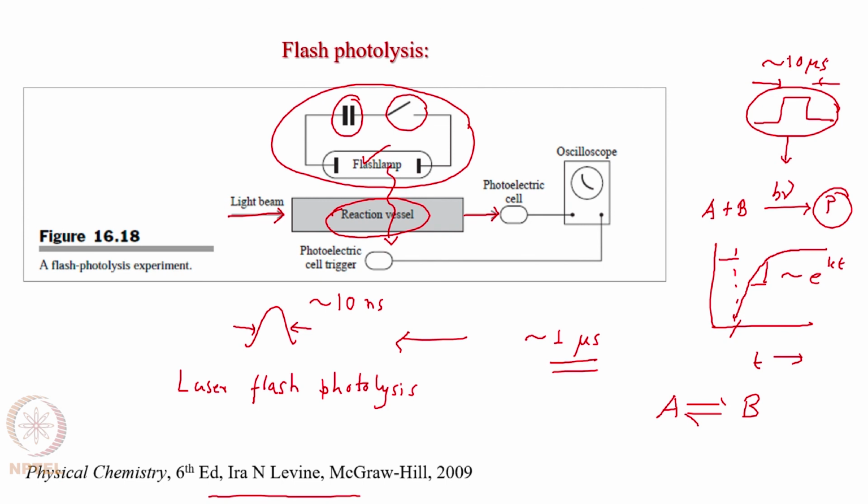So the overall idea in flash photolysis type of experiments is that you have a mixture and all of a sudden you disturb that mixture. Initially A and B, suppose, were in a thermodynamic equilibrium, and all of a sudden you start the reaction to proceed. So you are disturbing the equilibrium and moving this entire mixture from equilibrium to far from equilibrium, and then slowly the product forms and it establishes a new equilibrium.